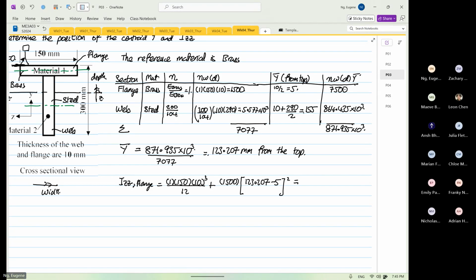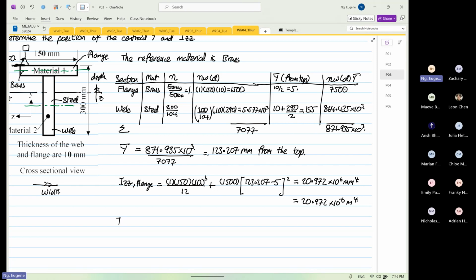So 123.207 minus 5 squared times 1500 plus 150 times 10 to the power 3 divided by 12. So it's equal to 20.972 times 10 to the power 6 millimeters to the 4, or it can be equal to 20.972 times 10 to the minus 6 meters to the 4.